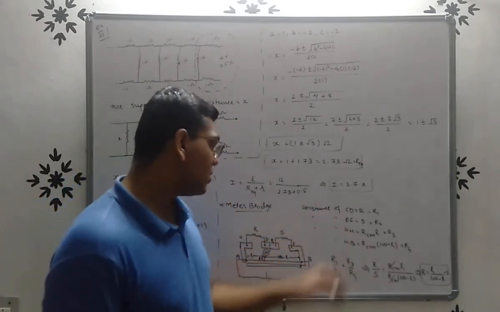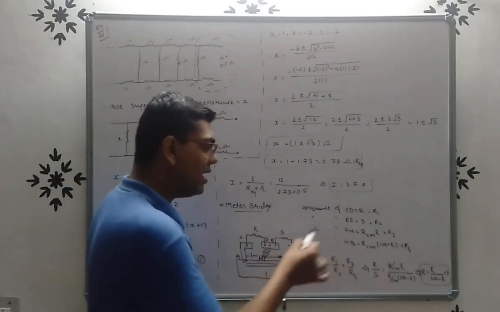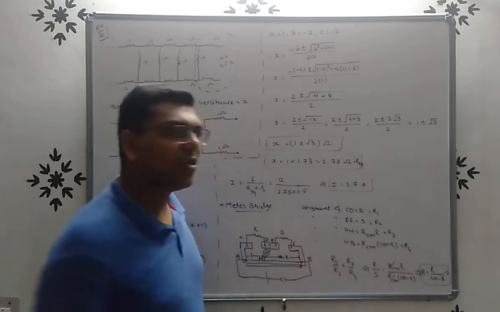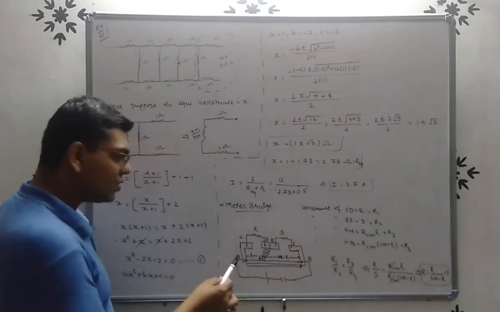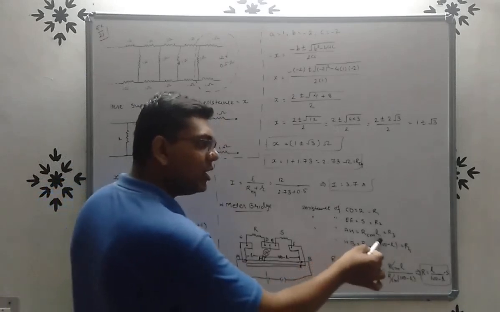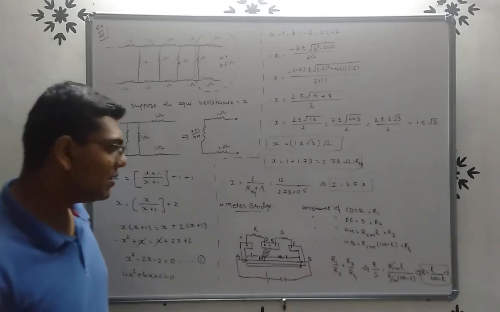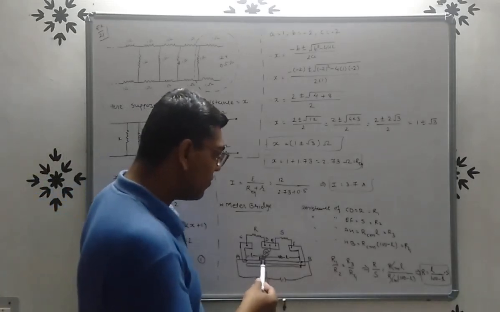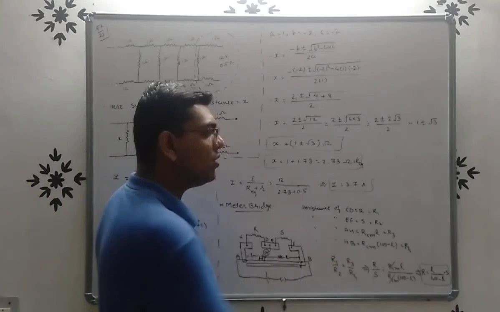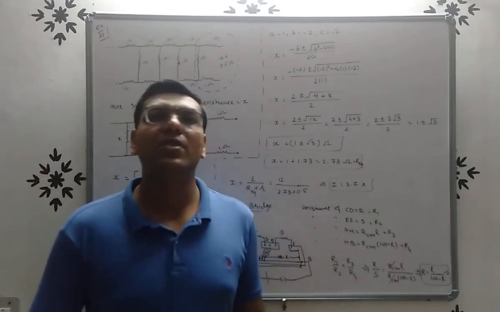So resistance of CD, R1, is equal to R, resistance of EF, R2, is equal to S, resistance of wire A to H is RCM into L, where RCM is the resistance per unit length, and resistance of wire HB is RCM into 100 minus L.